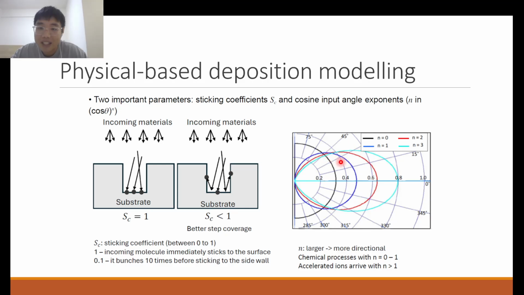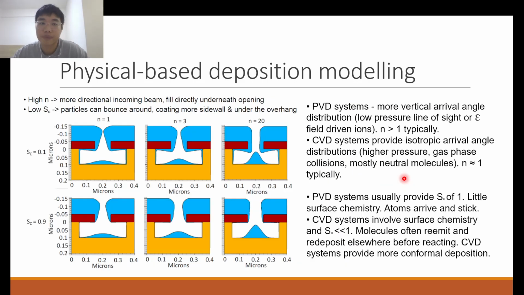You can see how as N increases, your cosine theta to the power of N beam becomes more and more directional. Normally, if your ions are being accelerated, for example in a PVD setup where you put a bias on your wafer to accelerate your incoming ions to deposit on your wafer, your N can be very much greater than 1, because your beam is forced by the potential difference to be more directional.